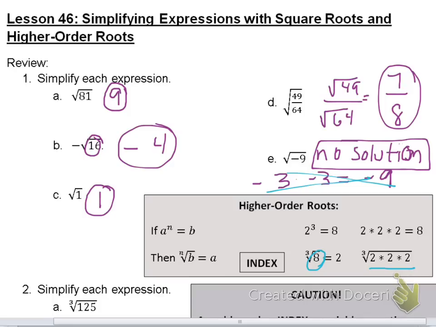So the index is this little number in the upper left-hand corner of the root symbol. So that's an index. This over here, the n, is an index. And then the other thing I wanted you to add is that the index is the same as the exponent in the above.